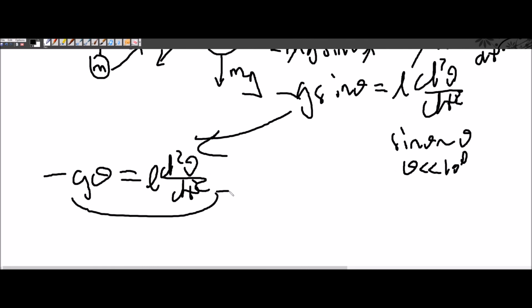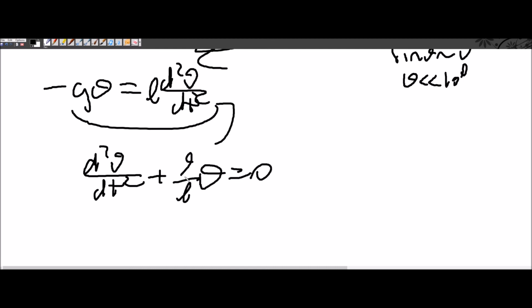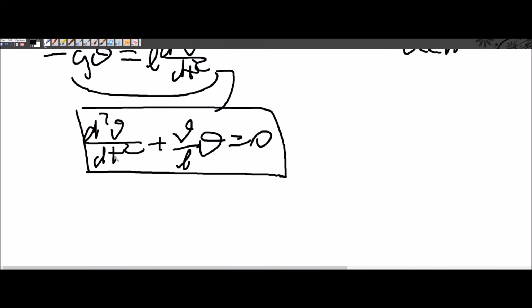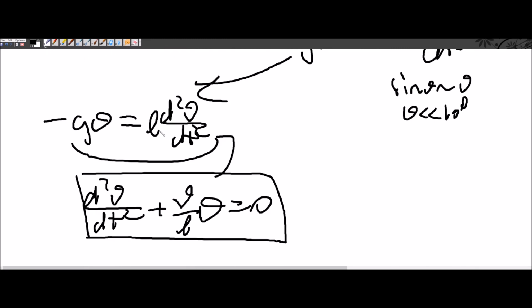So we put this on the other side, and then we divide both sides by L, right? So we get d squared theta dt squared plus g over L theta equal to 0. So you see this indeed is the equation for simple harmonic motion. So we know the pendulum does indeed undergo simple harmonic motion if it's only displaced by a little bit.